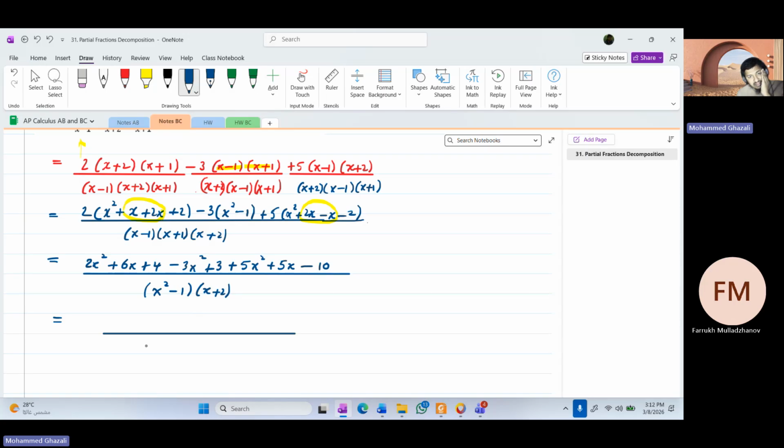So if I expand the LCD, I will get x cubed plus 2x squared minus x minus 2. And what's on the numerator? We have x squared and we have 5x squared. That is 7x squared minus 3x squared, which is 4x squared. We have 6x.